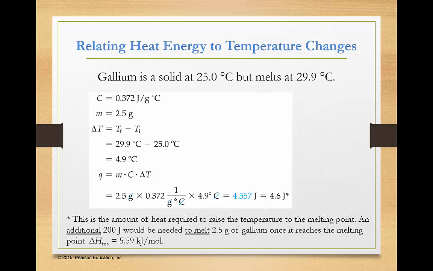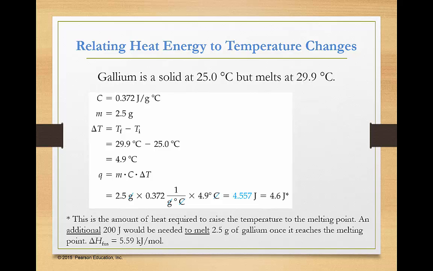Now, if I wanted to melt the gallium, so that's just getting it to the point where it can start melting, if I want to actually convert it from a solid to a liquid, I actually have to put more energy into it. And it's telling us right here, an additional 200 joules would be needed to actually melt it, to get it from the solid state to the liquid state once it reaches that point.